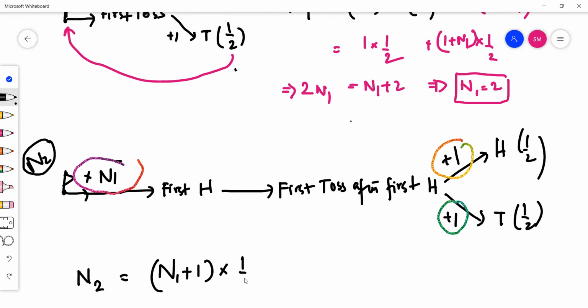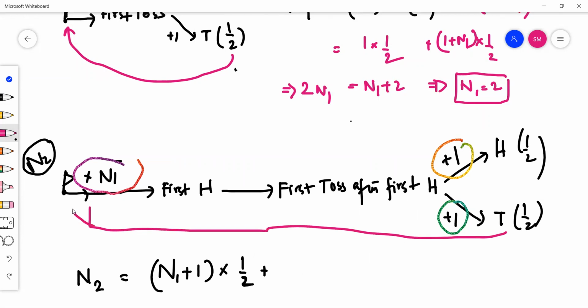That is the probability of heads in the first toss after the first head. If the first toss after the first head turns out to be tails, so what do you do? You go back to the initial position again, the starting point. Not here, but here. So what do we get over here? We get n1 for the first one plus 1, but again it goes back to the beginning.